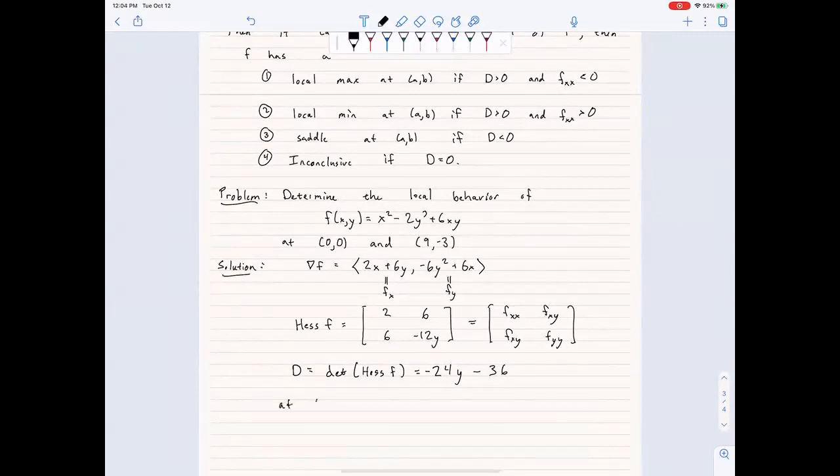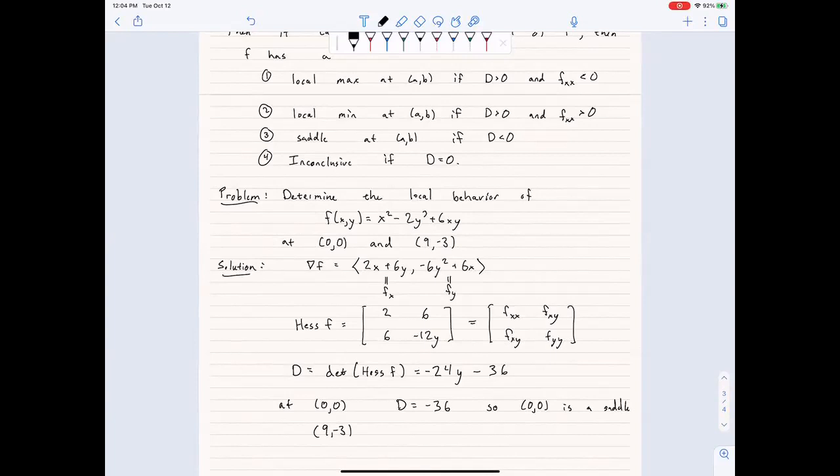All right, so at the origin, what do we get? We get D equal to minus 36, which when we look back up to our second derivative test, D is negative. So this is a saddle. On the other hand, at 9, negative 3, what do we get?